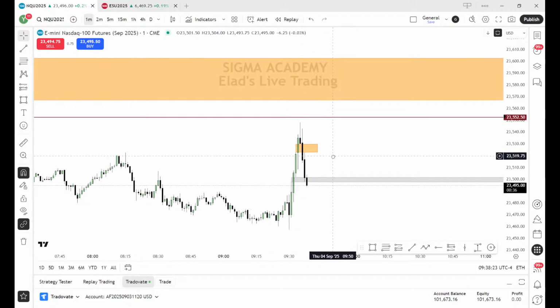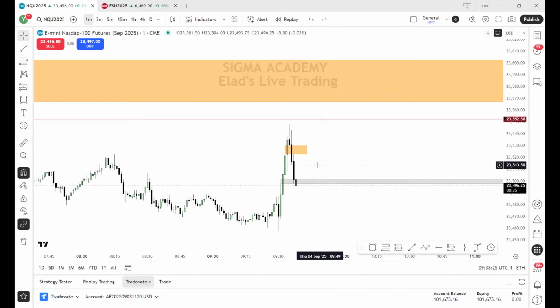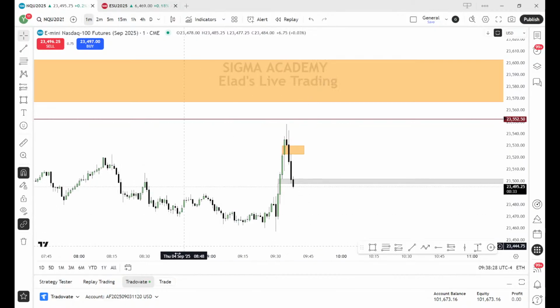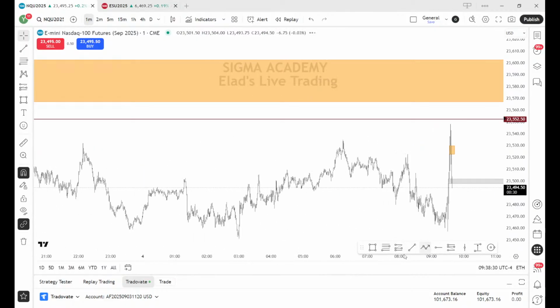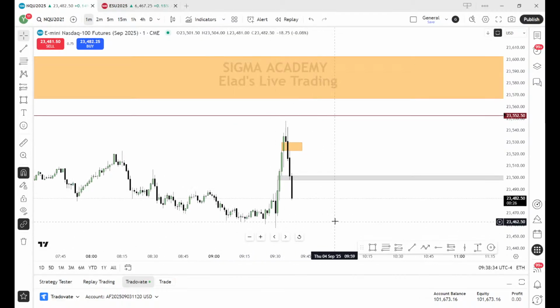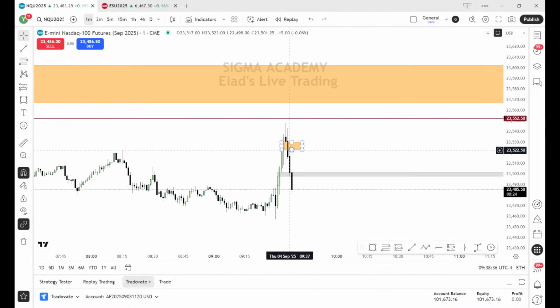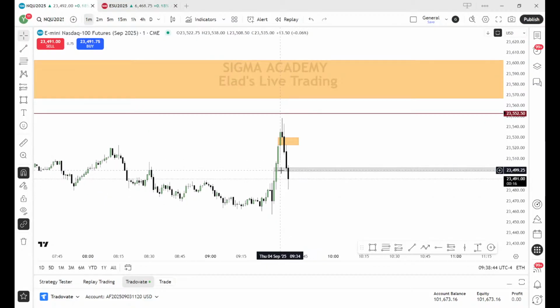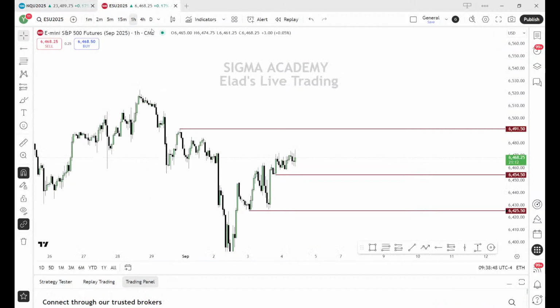I won't go short here because we have this high above us, even though we have a fair value gap, inversion, also a fair value gap, double DPR if you want to call it. Also, we have this first presented that has been violated.